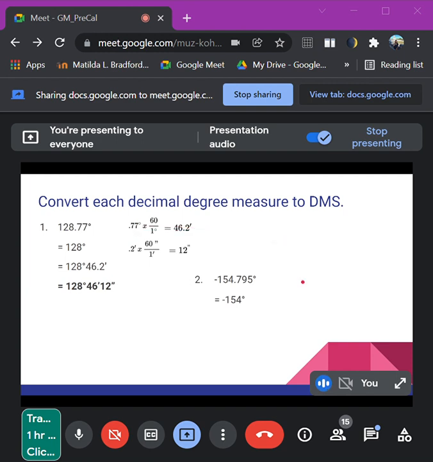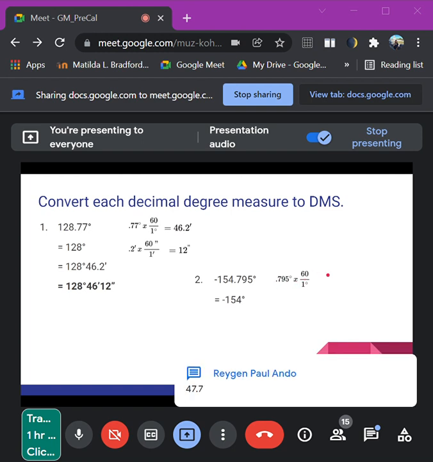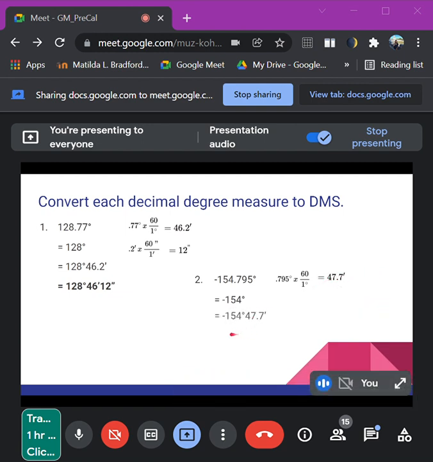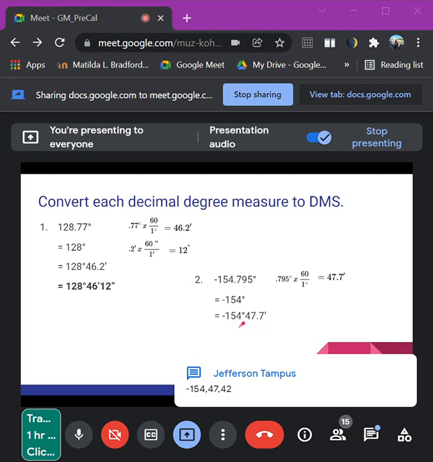We have 0.795 times 60 minutes over 1 degree. So cancel your degree. You have there 0.795 times 60. How much, class? That is 47.7 minutes. Okay, so we copy it there, class. You have there negative 154 degrees and then 47.7 minutes.